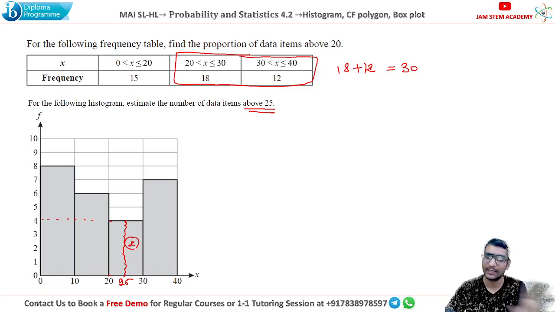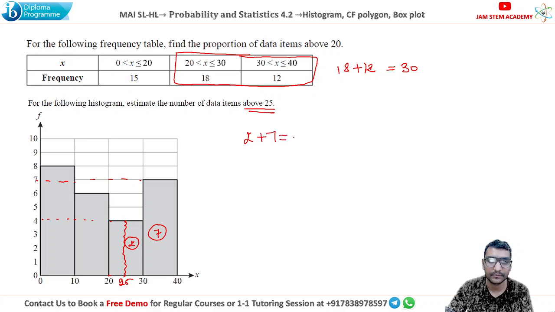Don't take 4. It is just an approximation. From 30 to 40, this data shows 7 values, because that is the height of the rectangular strip between 30 to 40. That gives me 2 plus 7 as my answer. So 9 is the value. Next.